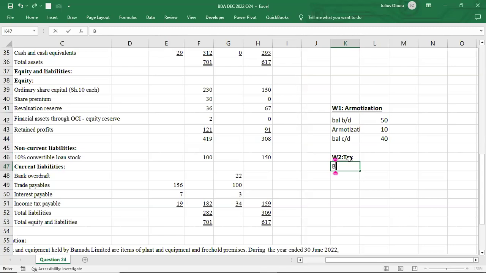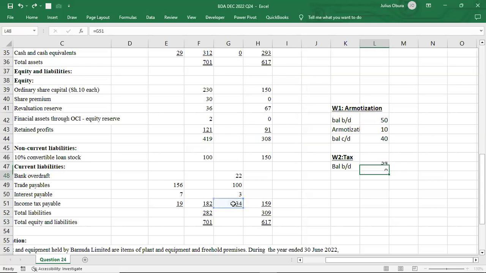Here, we start with our balance brought down. The balance brought down for tax was 34. That is from the statement of financial position for the year 2021.